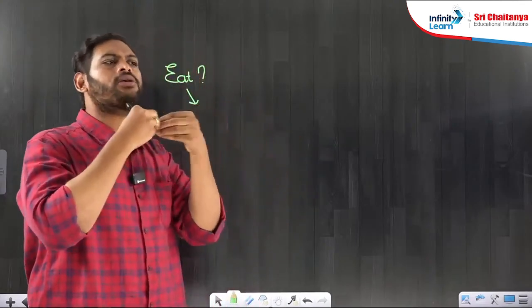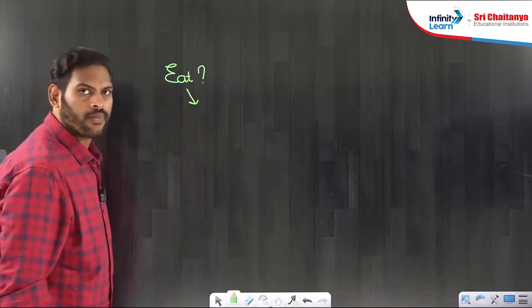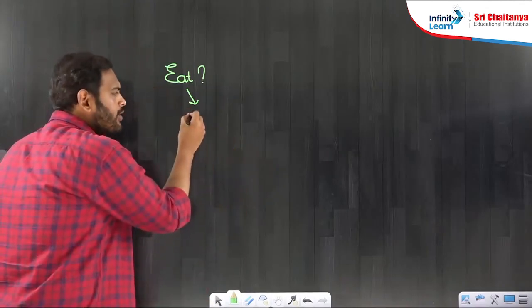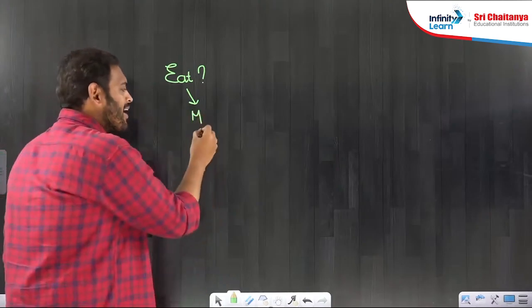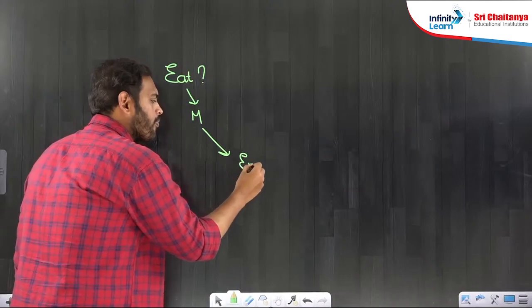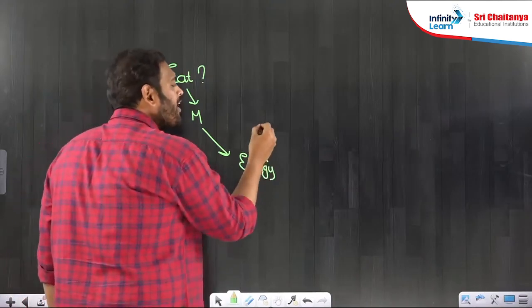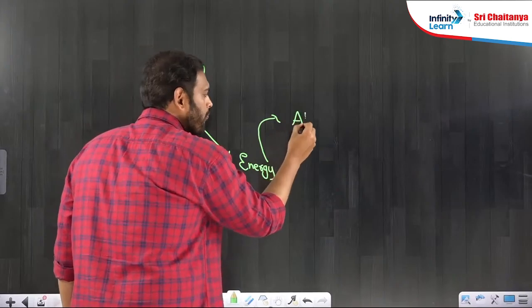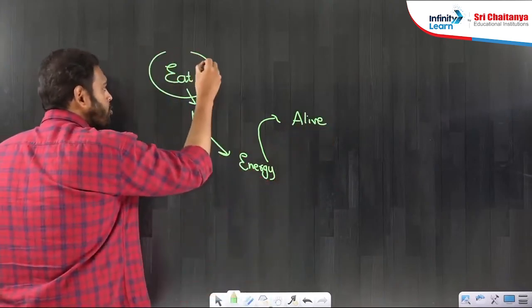You eat any sort of food. This food will be digested, and those digested molecules will be metabolized to get energy. This energy is responsible for you to keep alive. Therefore, we are eating to live.